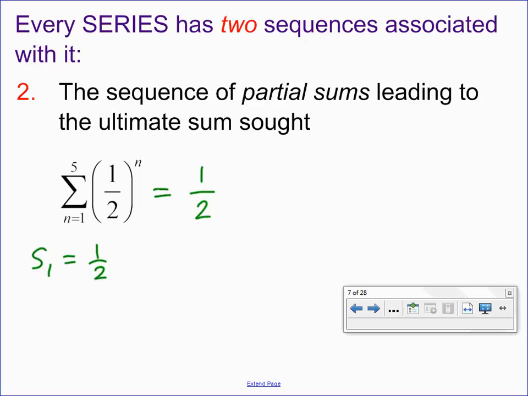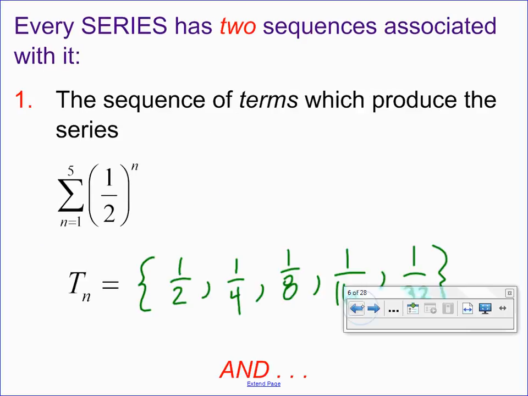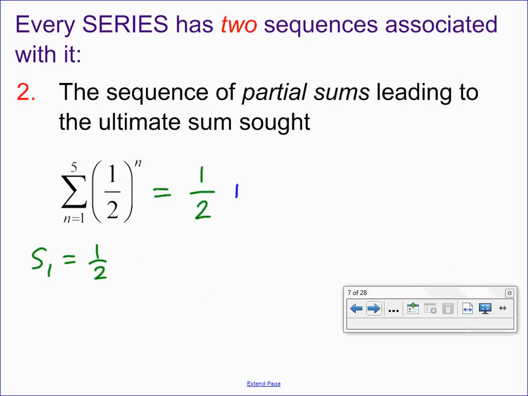My second partial sum would be the sum of the first 2 terms in my sequence. So that would be the 1/2 plus the 1/4. So my second partial sum, s sub 2, would be 1/2 plus 1/4, and that equals 2/4, 3/4. You guys getting 3/4?